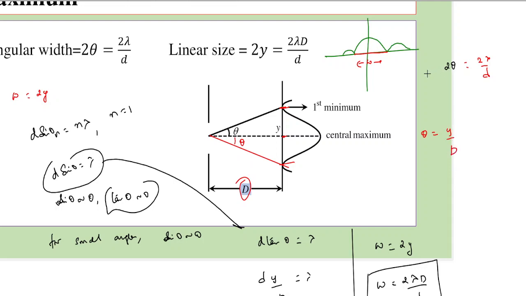So the angular width, which we call capital theta, is equal to 2 lambda by d. This is the angular width of the central maximum.